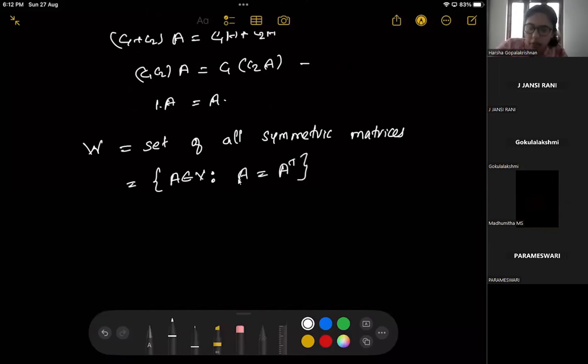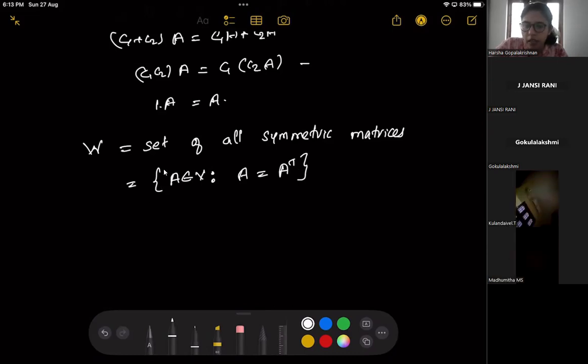A equals A transpose is the condition of symmetricity. And it is a subspace of V. First of all, it is a subset of V, right? So all elements of W come from V such that A equals A transpose. It is the symmetric matrix. Now, we need to first verify W is a subspace.